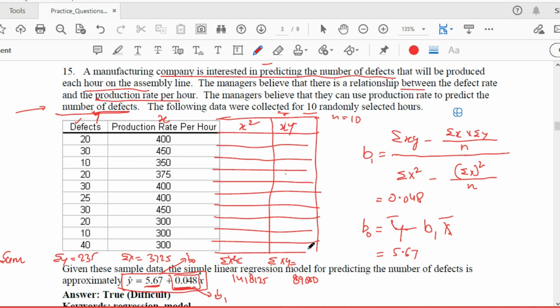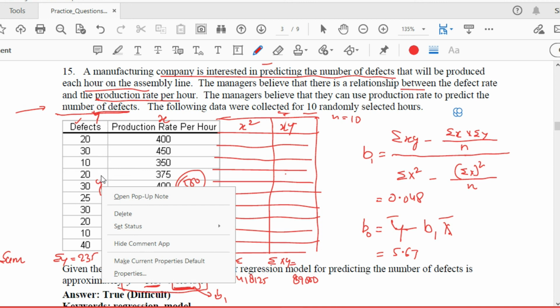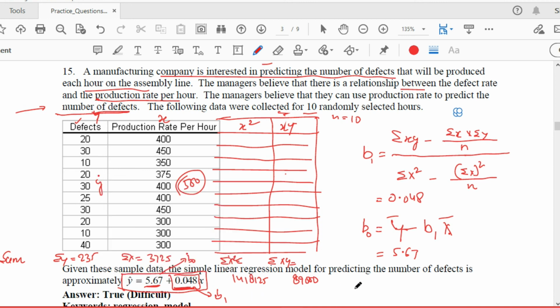More questions can be asked: if the value of x is this, calculate the value of y. Suppose it is given that the production rate per hour is 500, and they would like to predict the value of y. Simply put y cap is 5.67 plus 0.048 multiplied by 500, and calculate the value when x is 500.